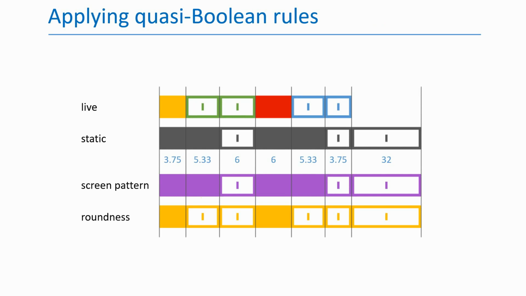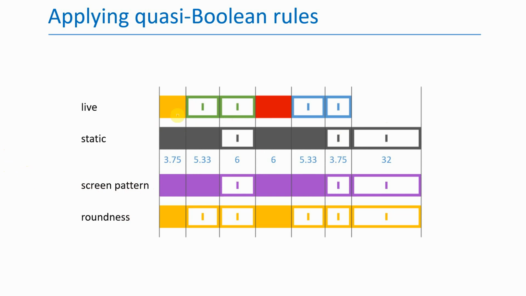We calculate those by applying the quasi-Boolean rules. For the screen pattern, the factor types are determined by a quasi-OR operation, so the types are plenary, plenary, singular, plenary, plenary, singular, and singular. For the roundness, the factor types are determined by a quasi-AND operation.